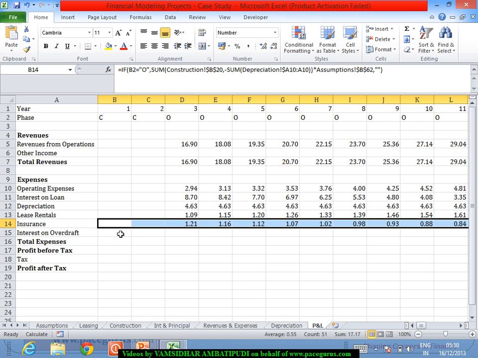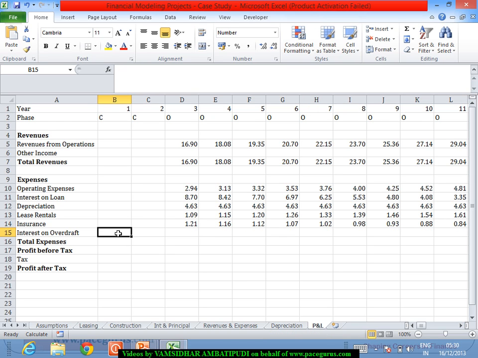Now, the interest on overdraft. Right now I don't have the information regarding the overdraft, because that would be computed only when my cash flows are prepared. So right now I cannot figure out the overdraft or the interest on the overdraft in my model.